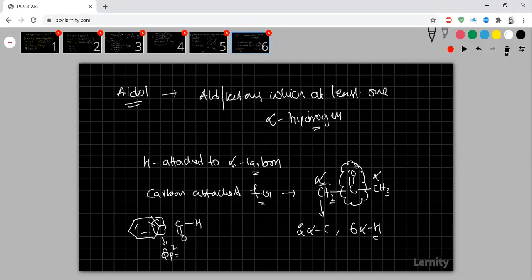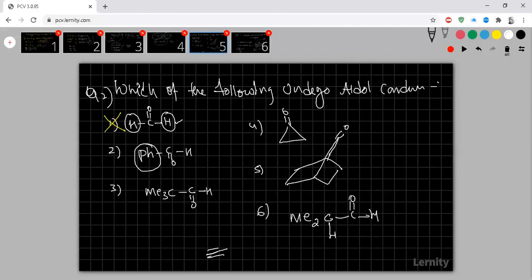That's why I have taken CH3 CH3, so these two must be sp3 carbon. So always the alpha carbon is sp3 hybridized. Now this also does not give aldol condensation because it does not have the alpha hydrogen. This also does not have the alpha hydrogen, so it does not give aldol condensation.